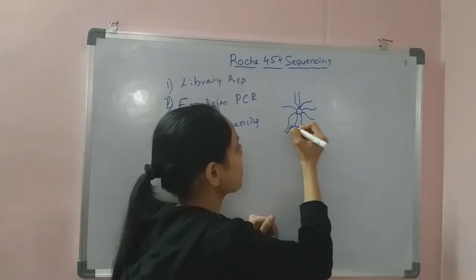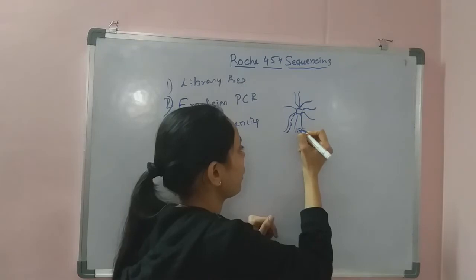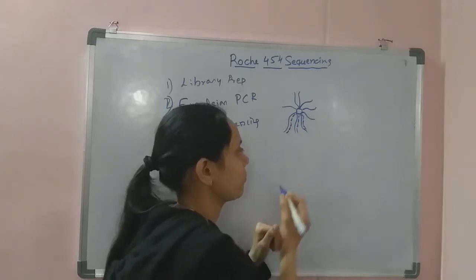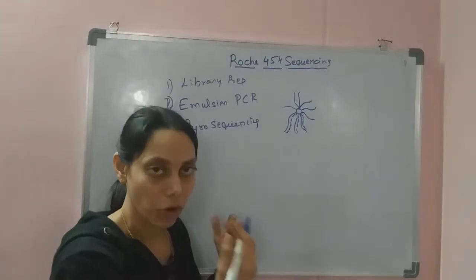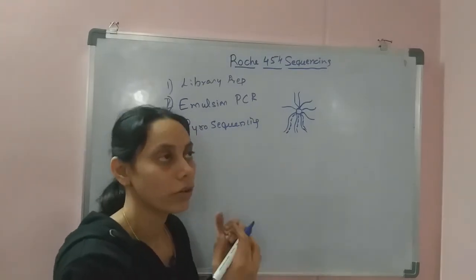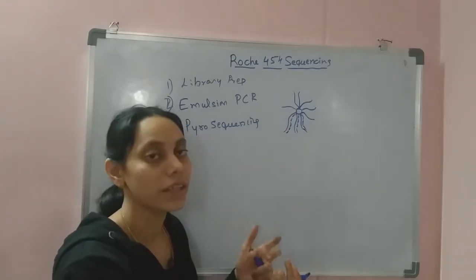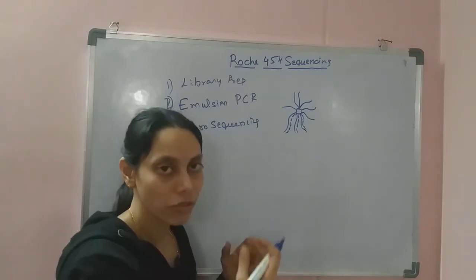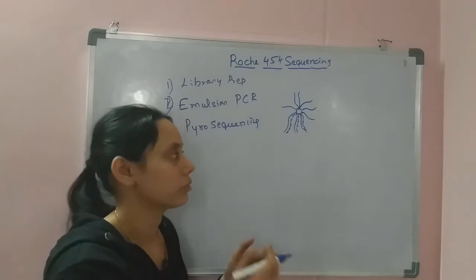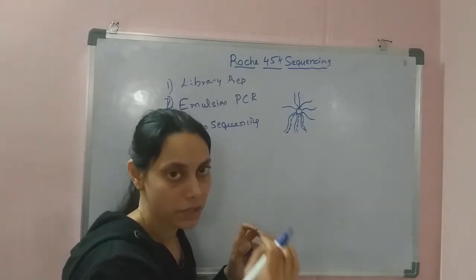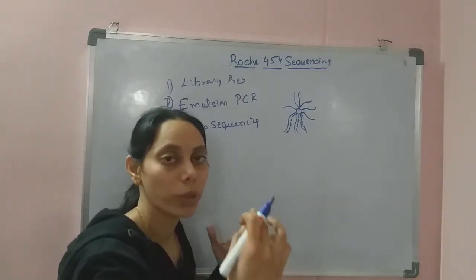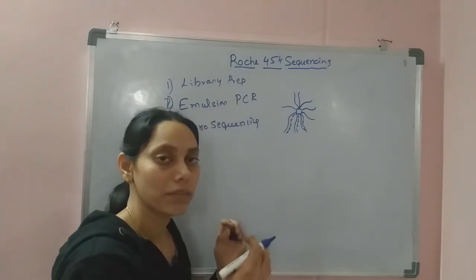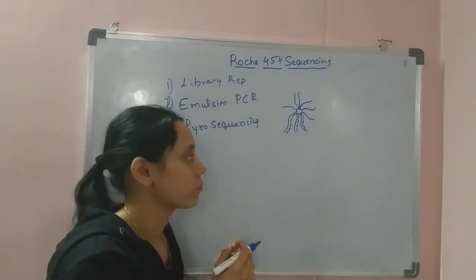All these fragments in the sequencing procedure are allowed to synthesize their complementary strand. During the synthesis of the complementary strand, we are going to sequence the DNA. That means the addition of each nucleotide will be monitored during the complementary strand synthesis. So this is basically sequencing based on the synthesis procedure.